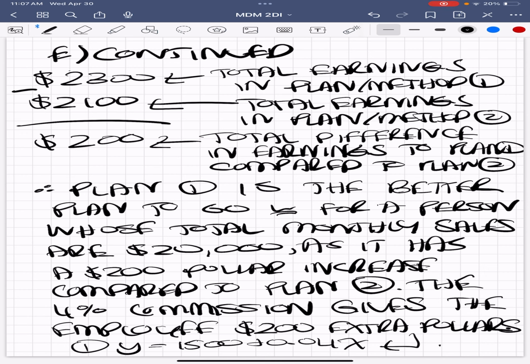The 4% commission gives the employee $200 extra, and that's the equation to go with for Plan 1.